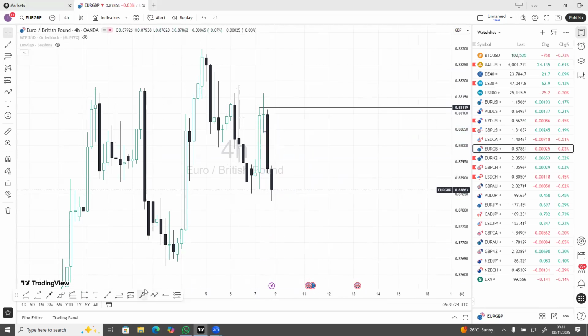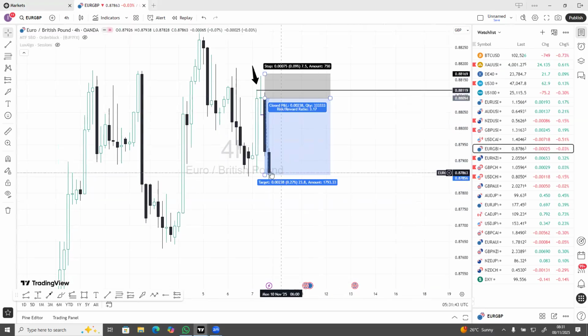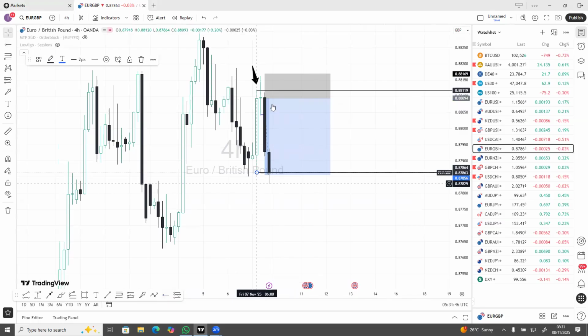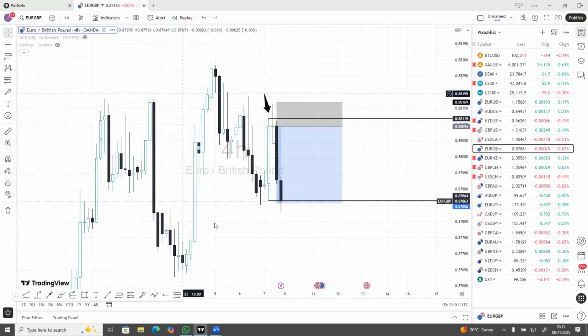You can see that manipulation candle crossed this, so the next one was supposed to be the distribution candle. So immediately after that candle closure, we entered a short position, and our stop was at that level, and our target was on that previous low, hit successfully. Okay, so what next?